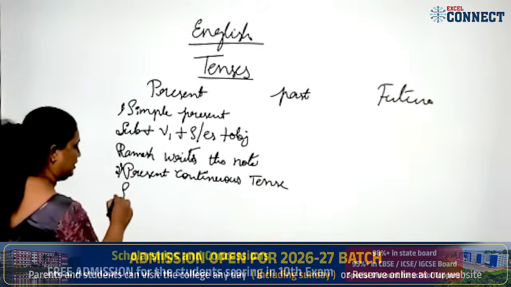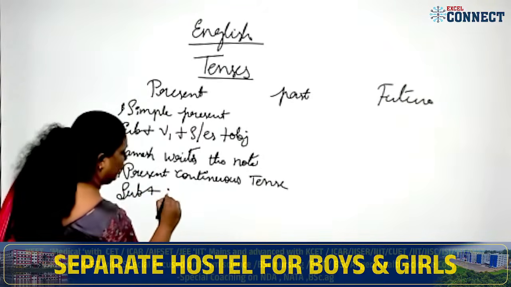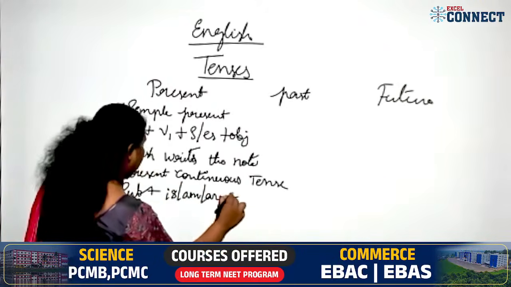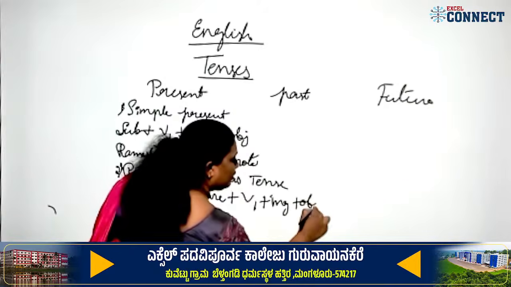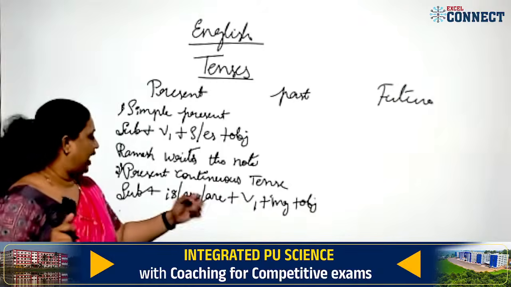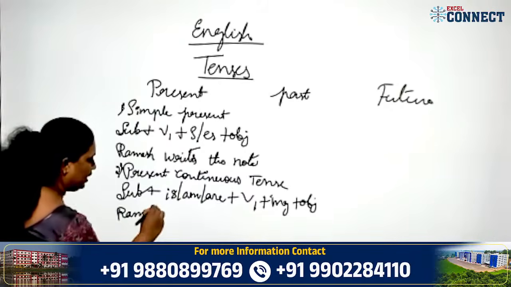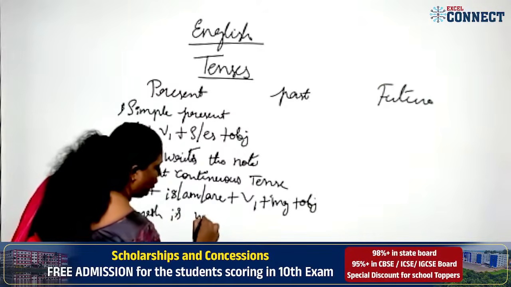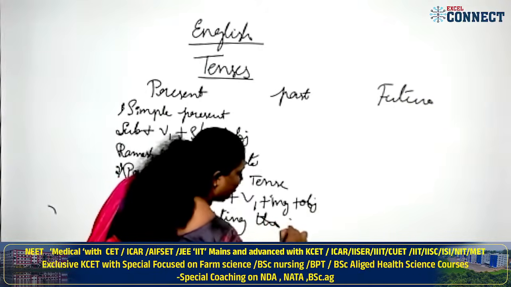The formula for it is subject plus is, am, are plus V1 plus ing plus object. The verb itself says that there is a continuation in the action. So to frame a sentence: Ramesh, he is singular, so we have to go with is, writing the notes.